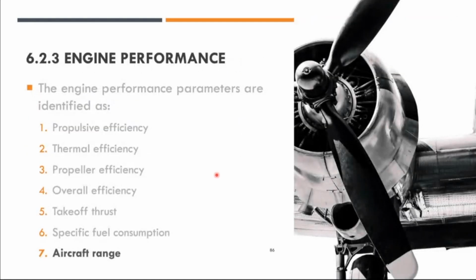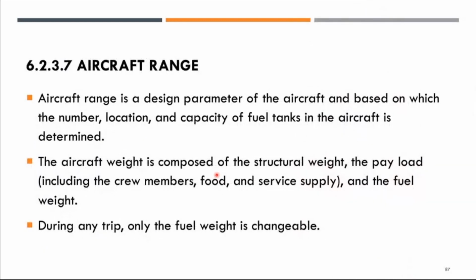Right, the final part of our presentation will look into the aircraft range. The aircraft range is a design parameter of the aircraft, based on which the number, location, and capacity of fuel tanks in the aircraft are determined.